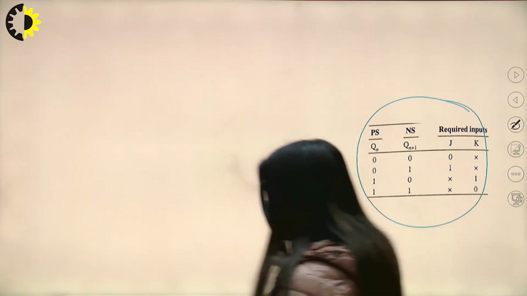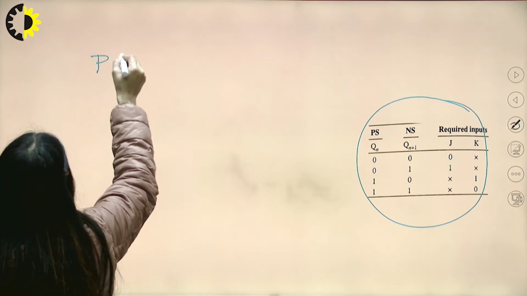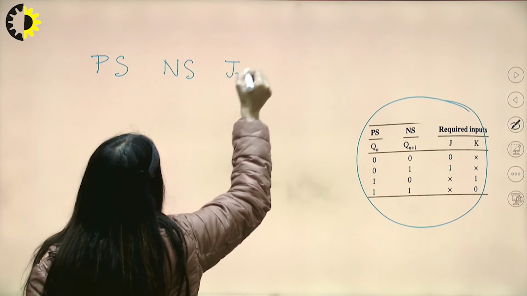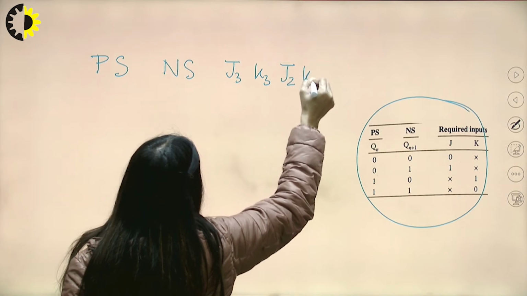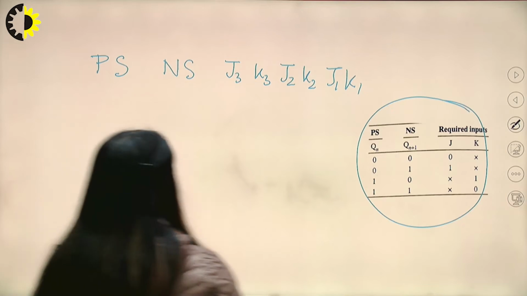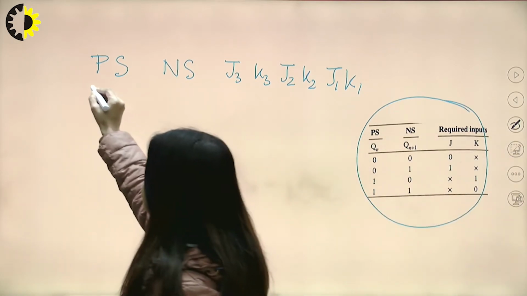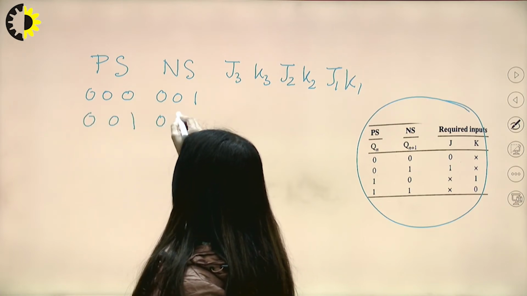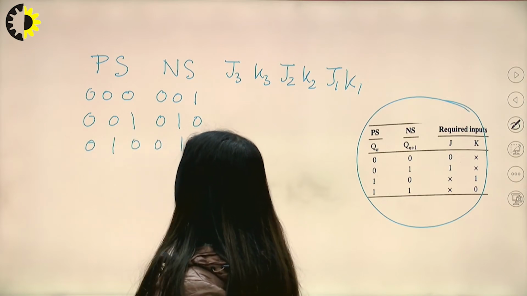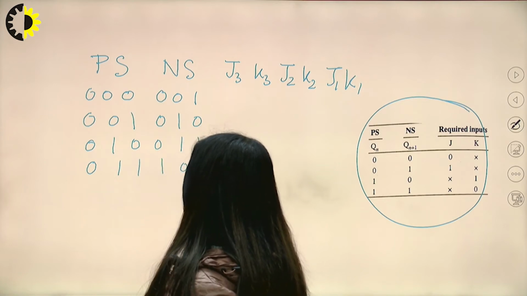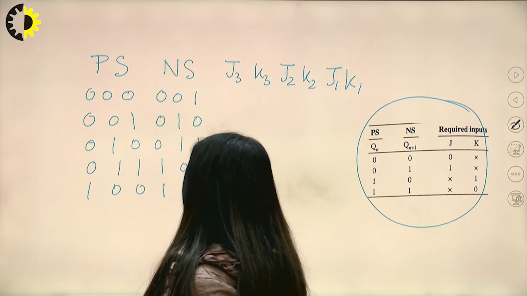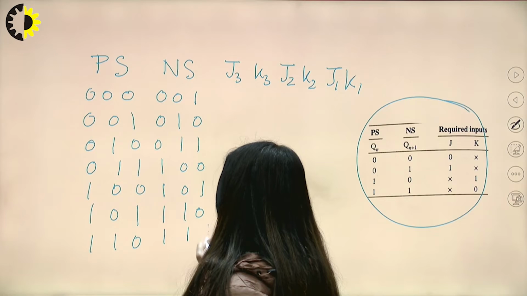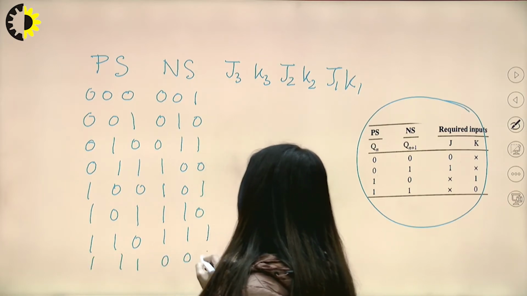We will write present state, next state, and since 3 flip flops we are taking, J3 K3, J2 K2, J1 K1. Present state is 000, next state is 001. Then 001 goes to 010, 010 to 011, 011 to 100, 100 to 101, 101 to 110, 110 to 111, and 111 to 000 again.